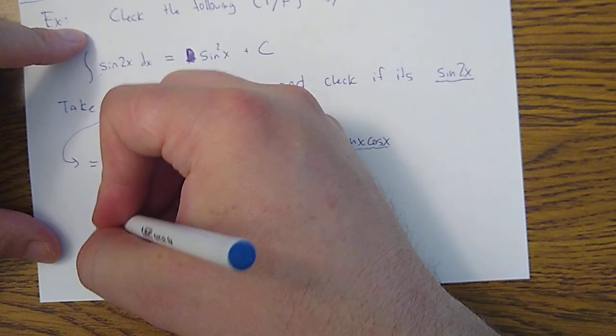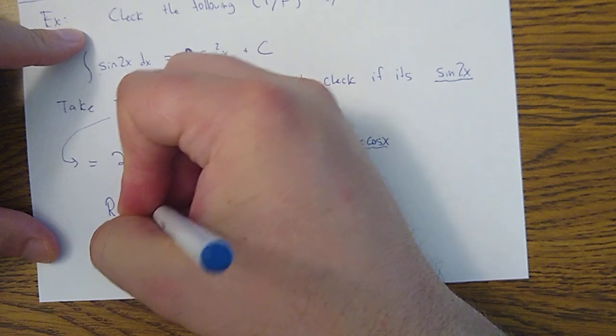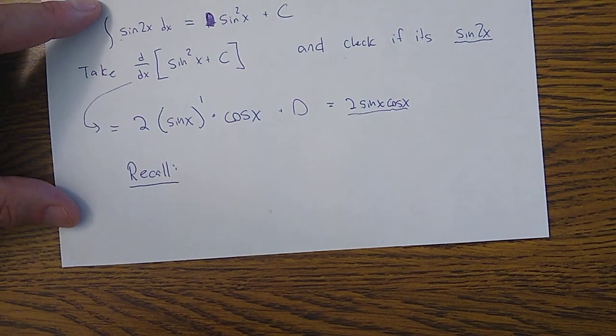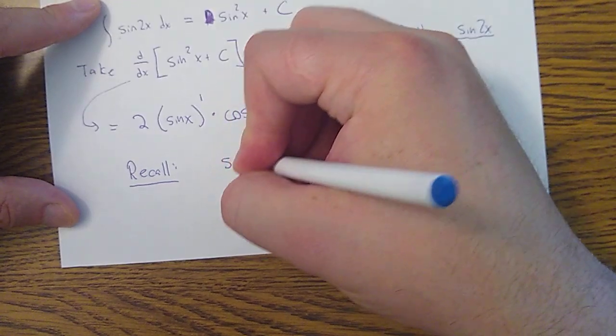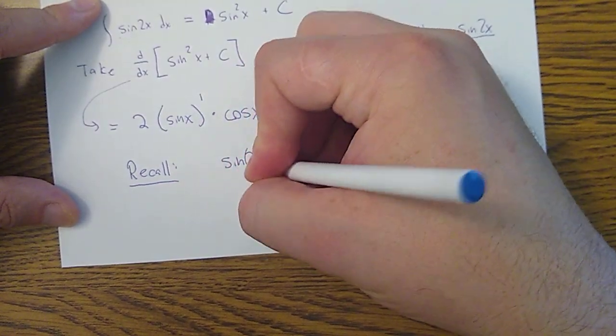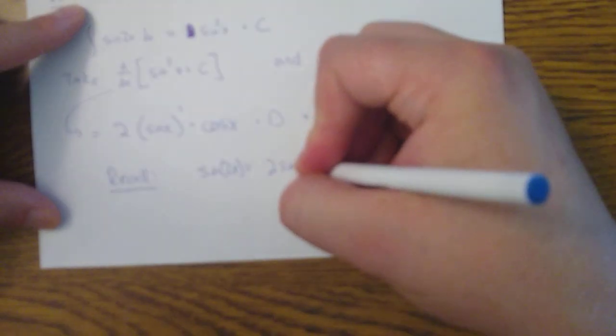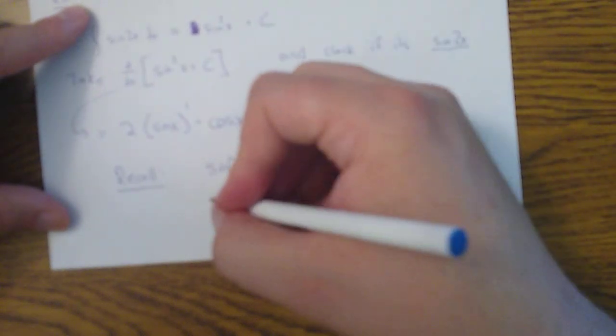And this is very relevant to the online homework. There are trig identities. Sine of 2x is 2 sine x cosine x.